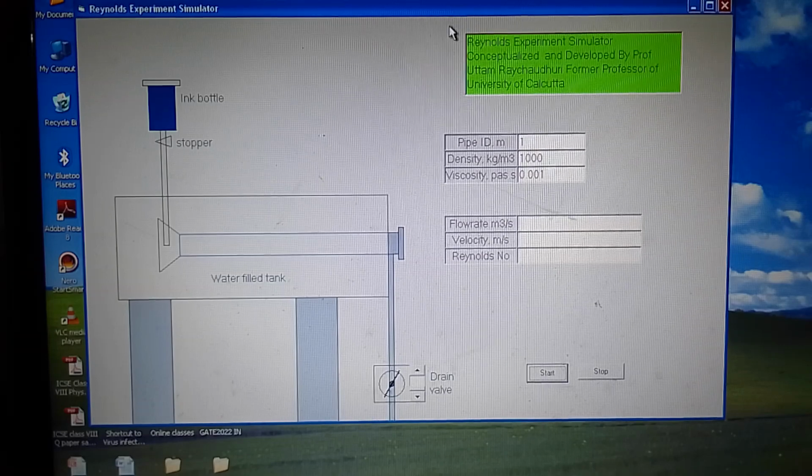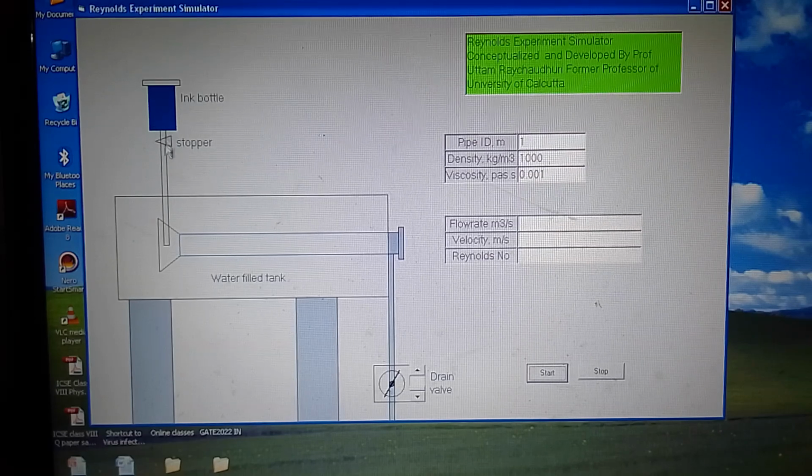This indicates a Reynolds experiment. You will find a large glass tank, and inside it is immersed a glass pipe having a funnel type input, where an ink bottle is connected through a glass rod.